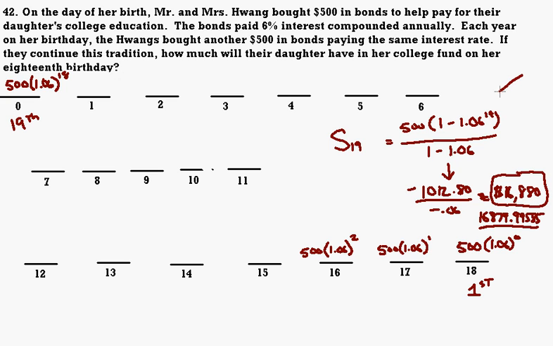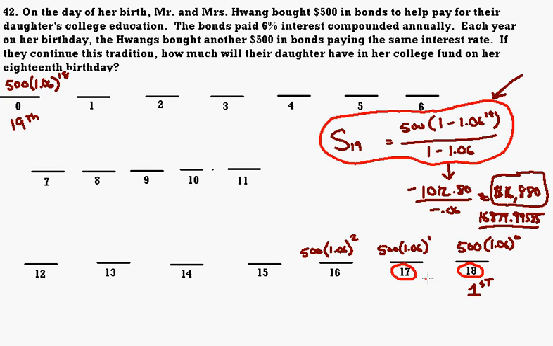But this is the setup right here of how you would work that. Keeping in mind that we're going to make her 18th birthday the first year, 17th birthday the second year, and if you notice how many birthdays, counting the birth, there are actually 19 deposits of $500.